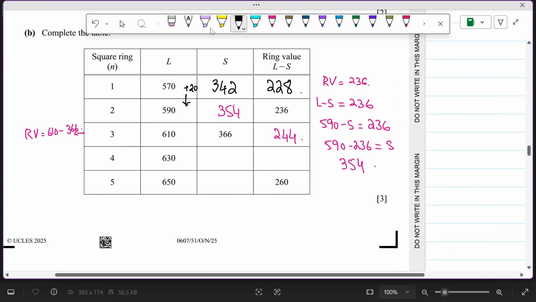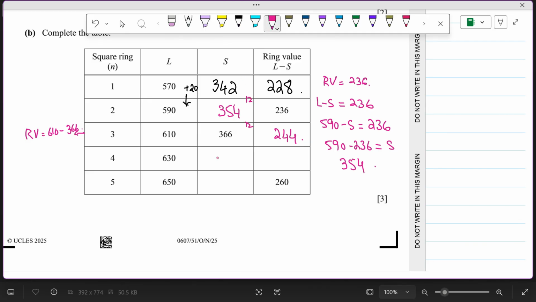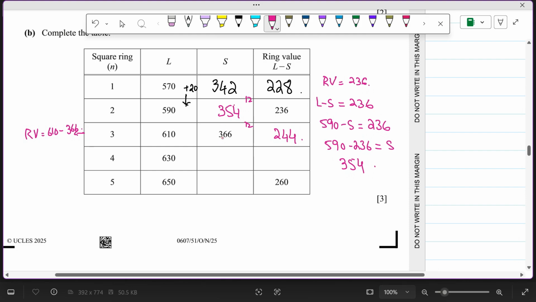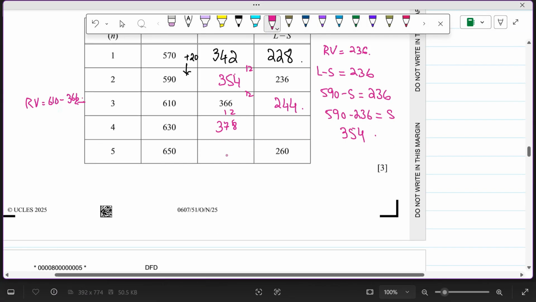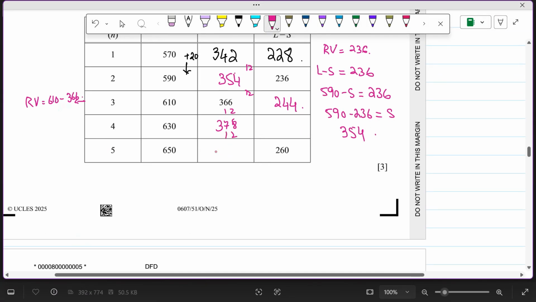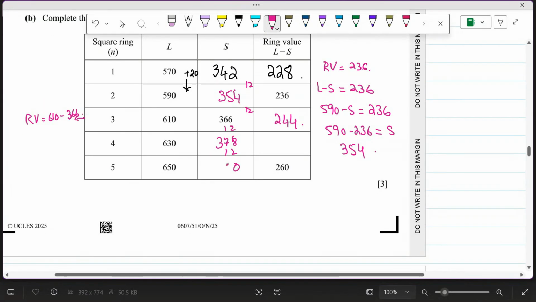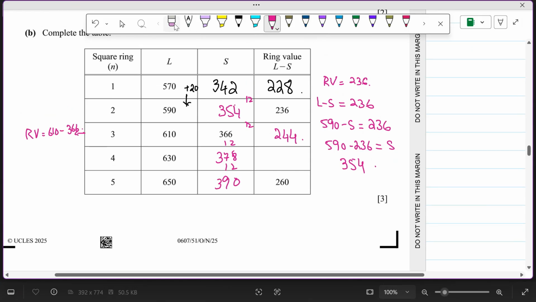When we observe the S values, first 342, then 354, then 366, we can observe that there is a difference of 12. So when we add 12 to 366, we have 378. When we add 12 again, we get 390.